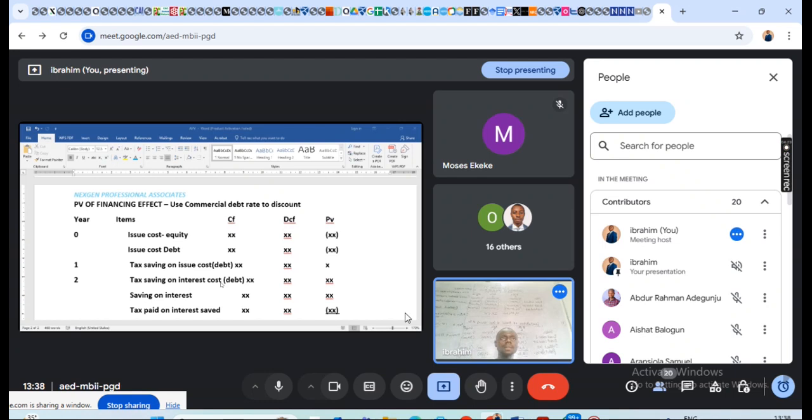What is the difference? You have an option. You look at it: what is your savings? You have a commercial rate of 30% and a subsidized rate of 10%. So instead of going for the commercial, how many percent did you save? That is the 30% minus the 10%, which gives you the savings.